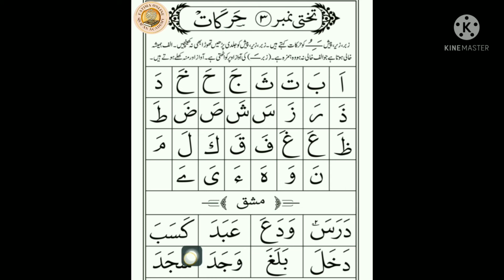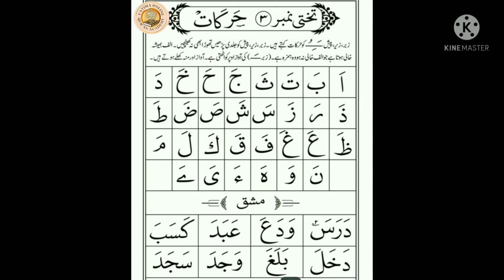Kaf zabar ka, sin zabar sa, kasa, ba zabar ba, kasaba. Dal zabar da, kha zabar kha, dakha, lam zabar la, dakhala.